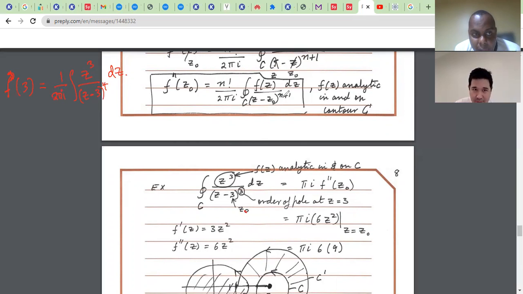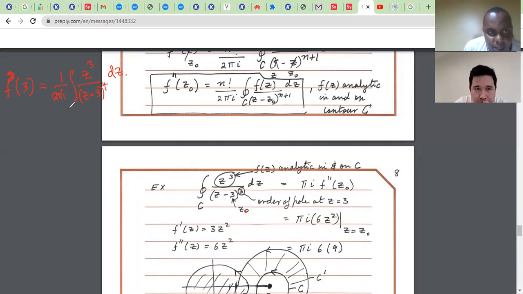And now he said that it's 3z squared, the first derivative of z cubed, but he's differentiating by z, not z naught. We can always find this.